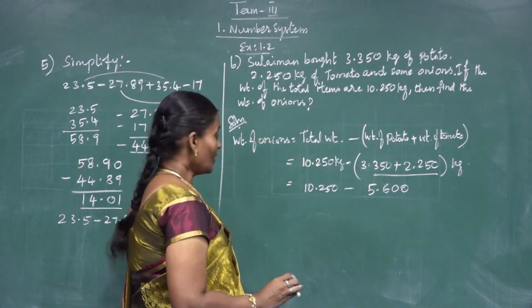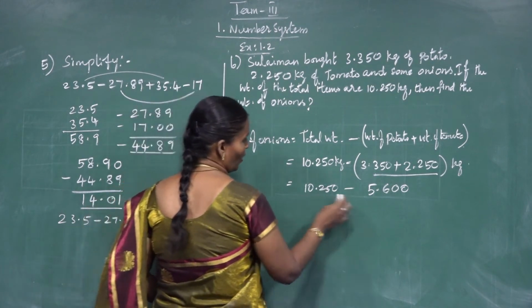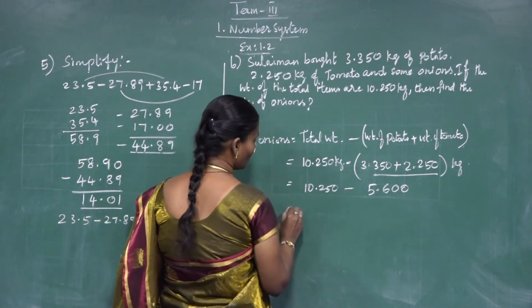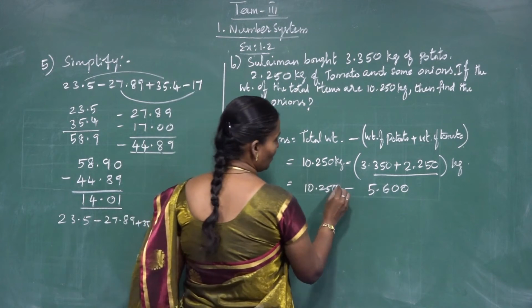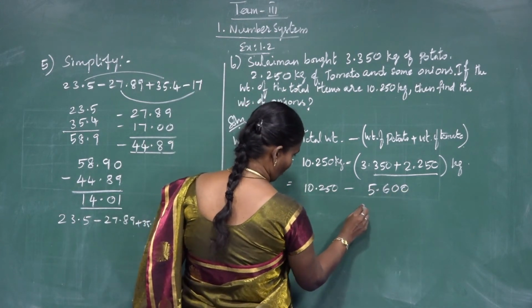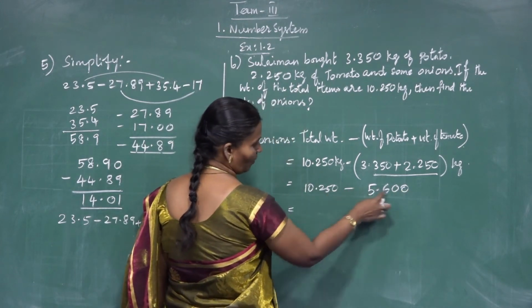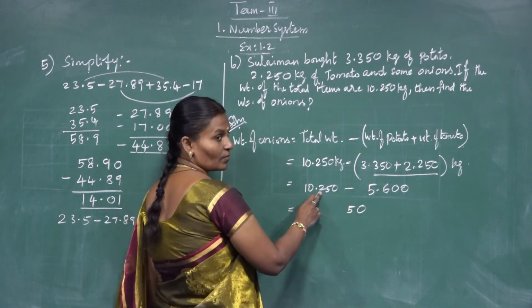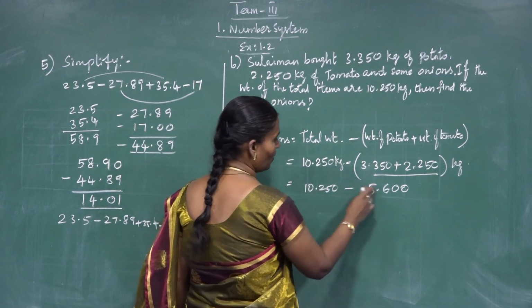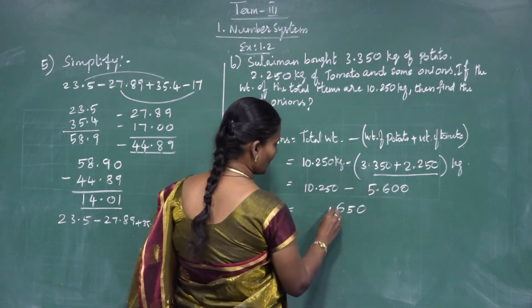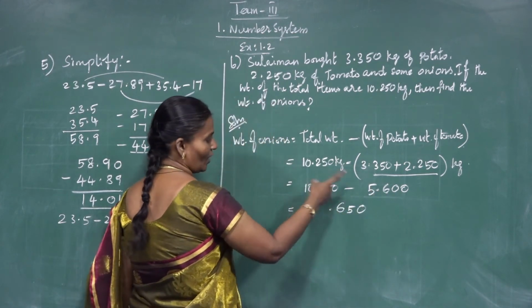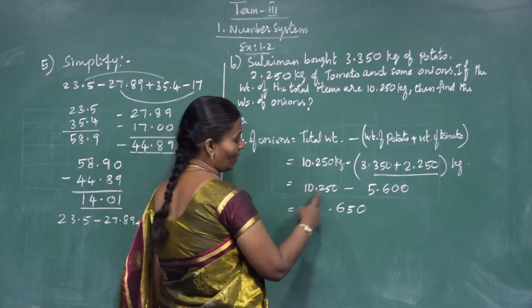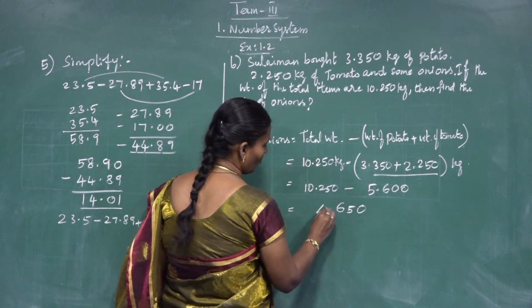Understand, children? Now subtract these two. 0 minus 0 is 0. 5 minus 0 is 5. Then here 2, so you have to take 10, so 12 minus 6 is 6. Point. Here, one given, so totally 9. 9 minus 5 is 4.